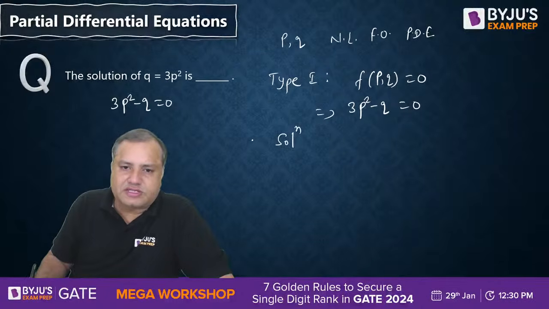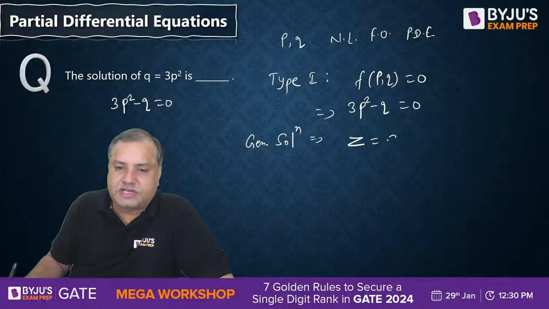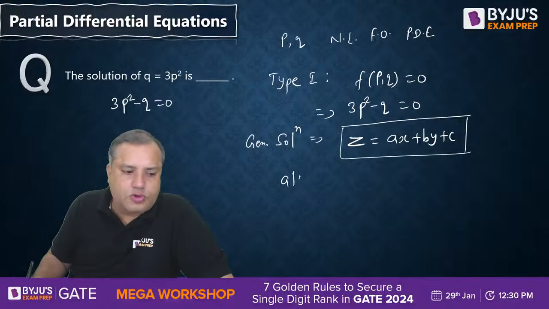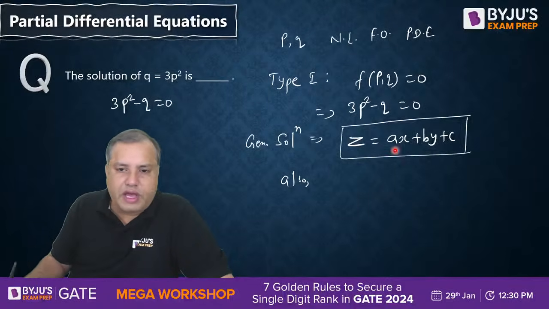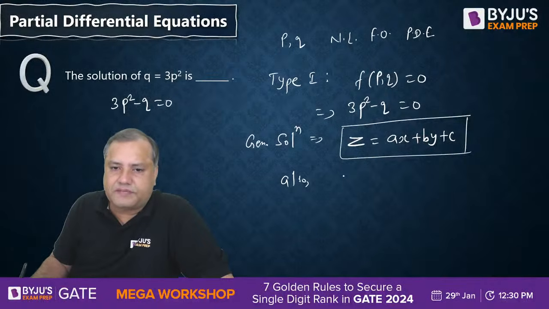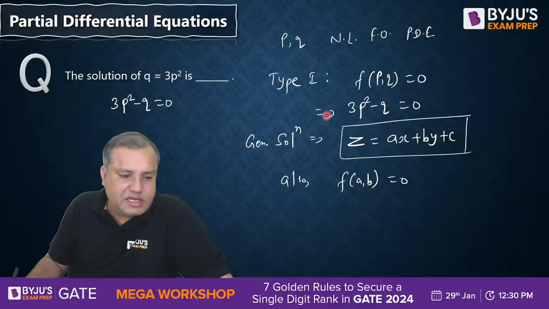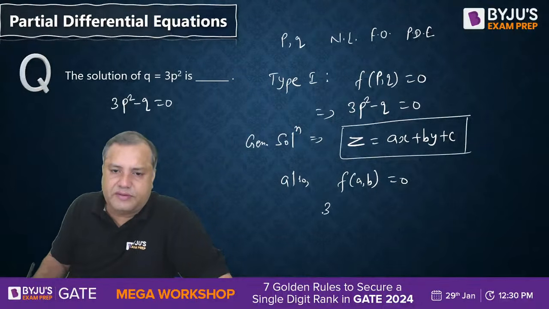So its general solution is z equal to ax plus by plus c. Also, a and b are related by this relation. So in this relation, just replace p by a, q by b.